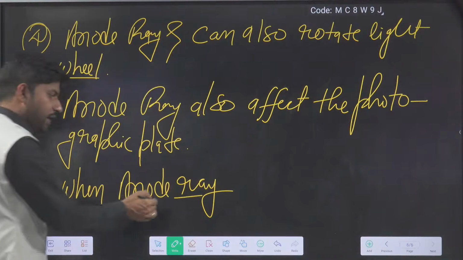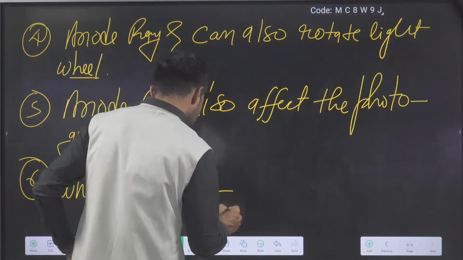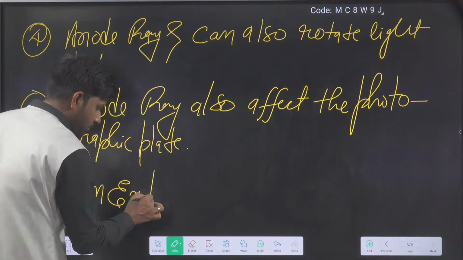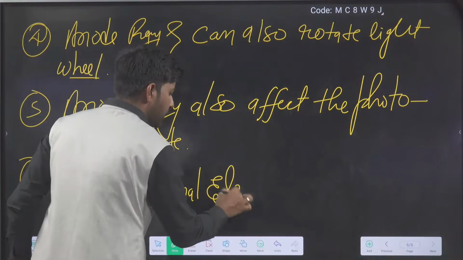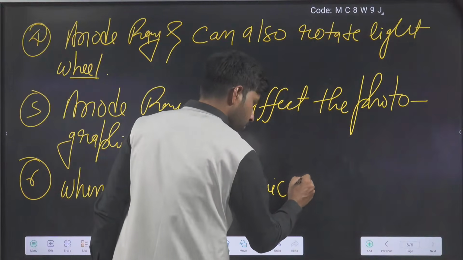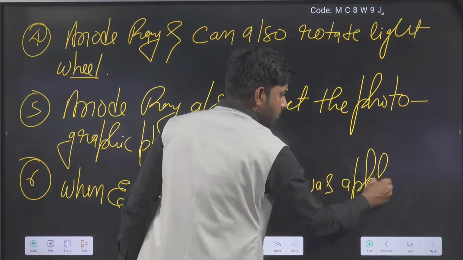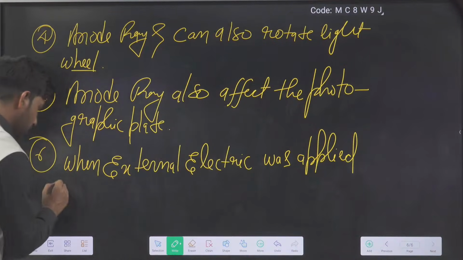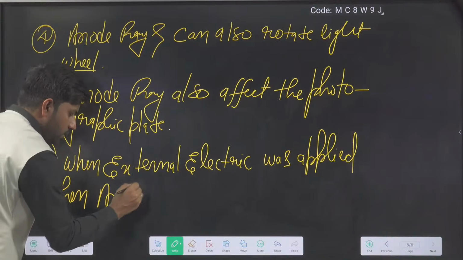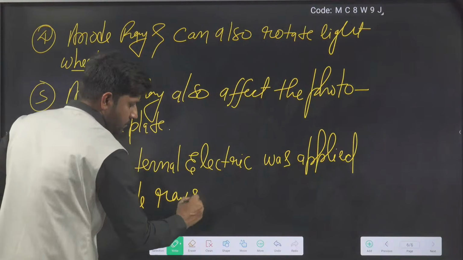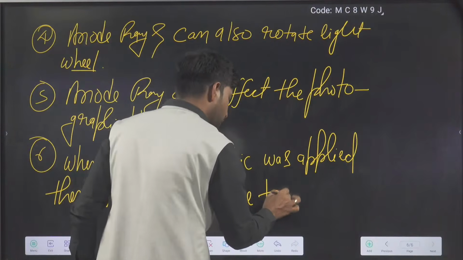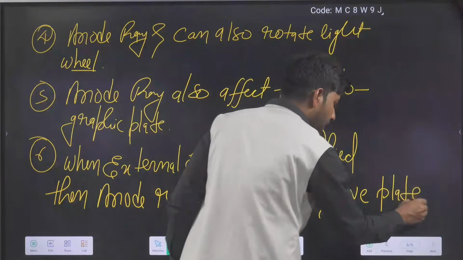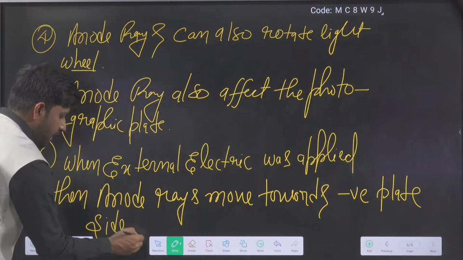Very good. So when an external electric field is applied, anode rays move towards the negative plate side.